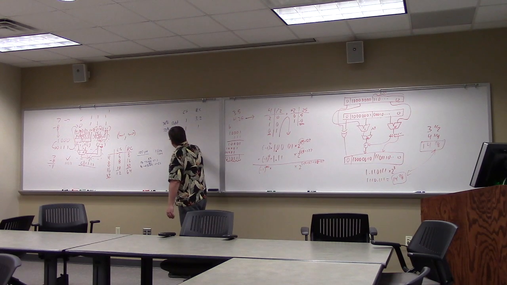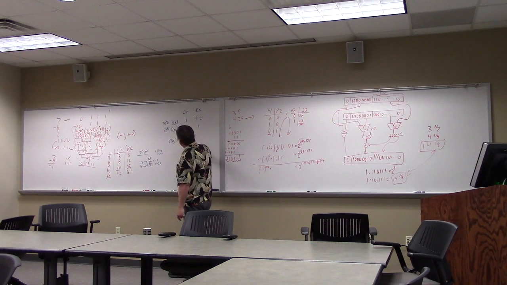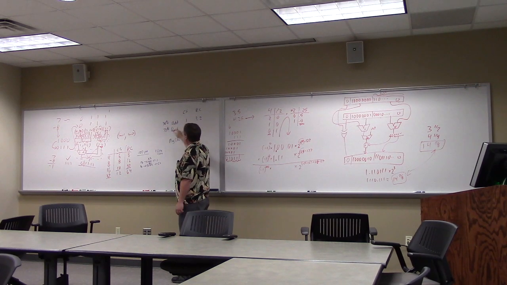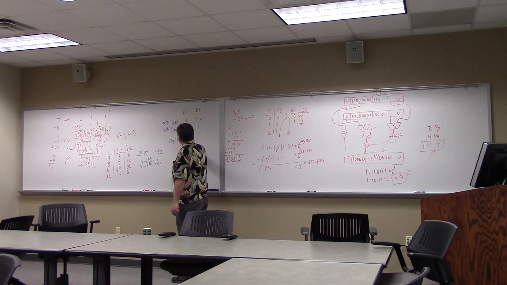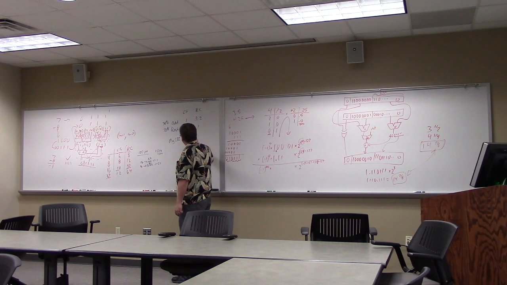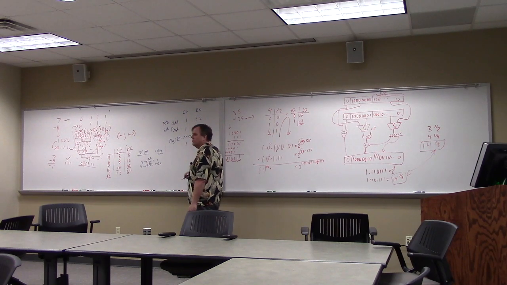Average CPI is just the cycles for this type of instruction times how frequent, plus this one times how frequent. For the conditional sum, I'd have 0.3 times 1 plus 0.7 times 1, so I get 1. For the ripple carry, I'd have 0.3 times 3.2 plus 0.7 times 1.